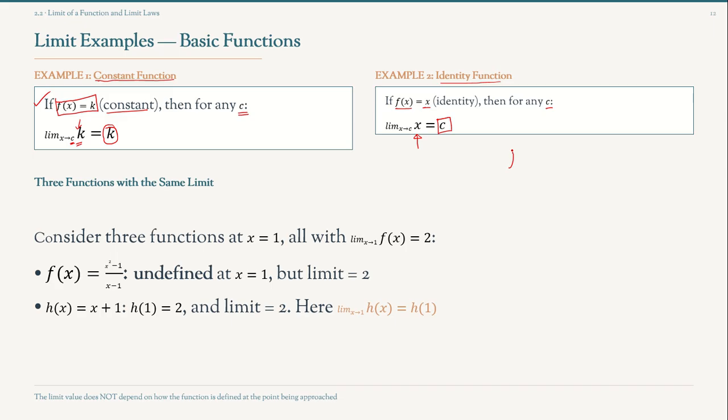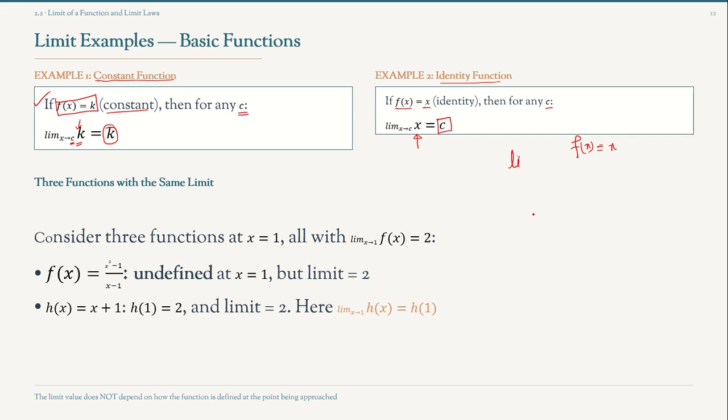If we are given f of x equals x, that is, the input is the output, that is called the identity function. If you use input 1, you'll get output 1. If you input 2, you'll get output 2. That is the identity function.